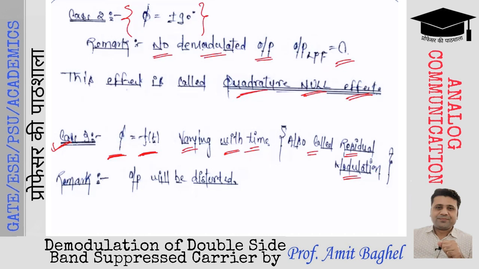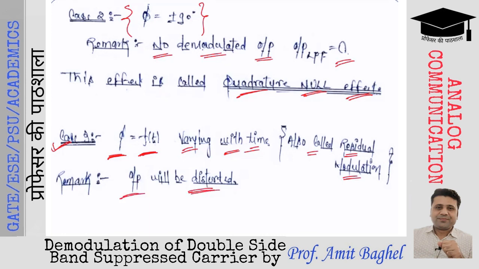Hence, Ac dash by 2 m(t) multiplying with cos of phi will change when the time changes. Hence, we are not going to get the exact value of the message signal back at the receiver side. So we cannot demodulate if the phase error phi is a function of time. So the output will be distorted in this case.